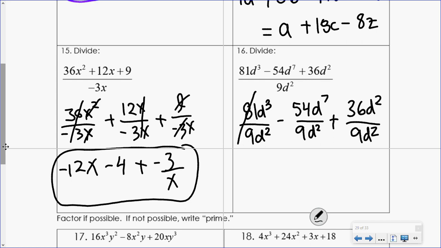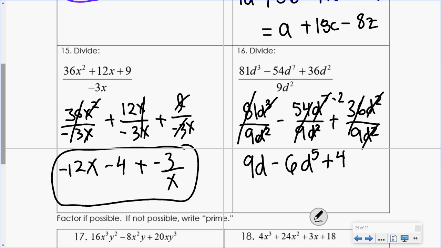From left to right, 9 over 9 is 1, d cubed divided by d squared is d. Minus 54 over 9 is 6. D to the 7th divided by d squared is d to the 5th. 36 divided by 9 is positive 4. D squared divided by d squared is just 1. So we just cancel those out.